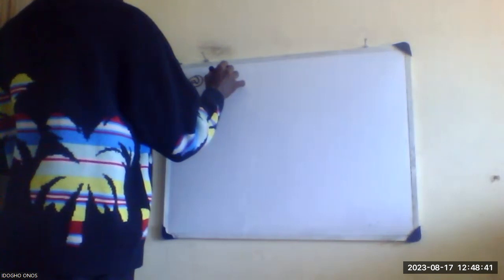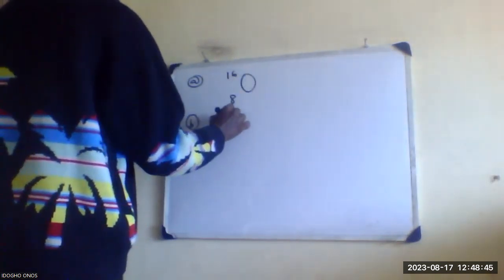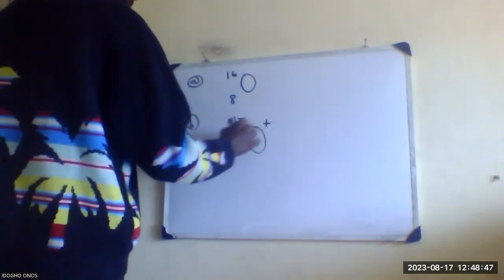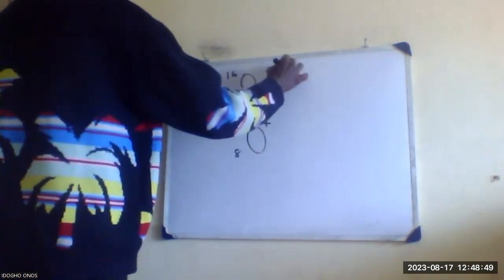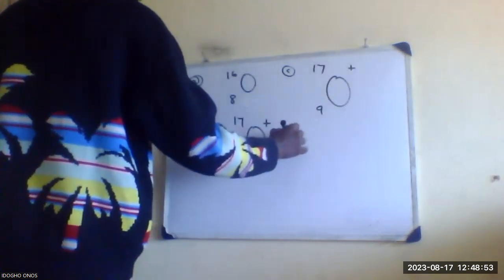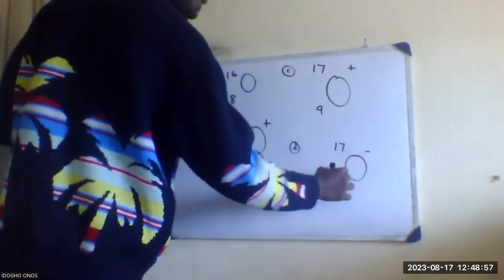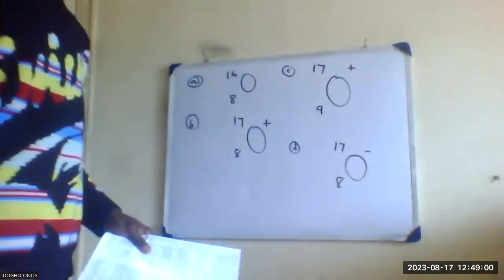Option A is 16. B. C. And then D. So those are the options.